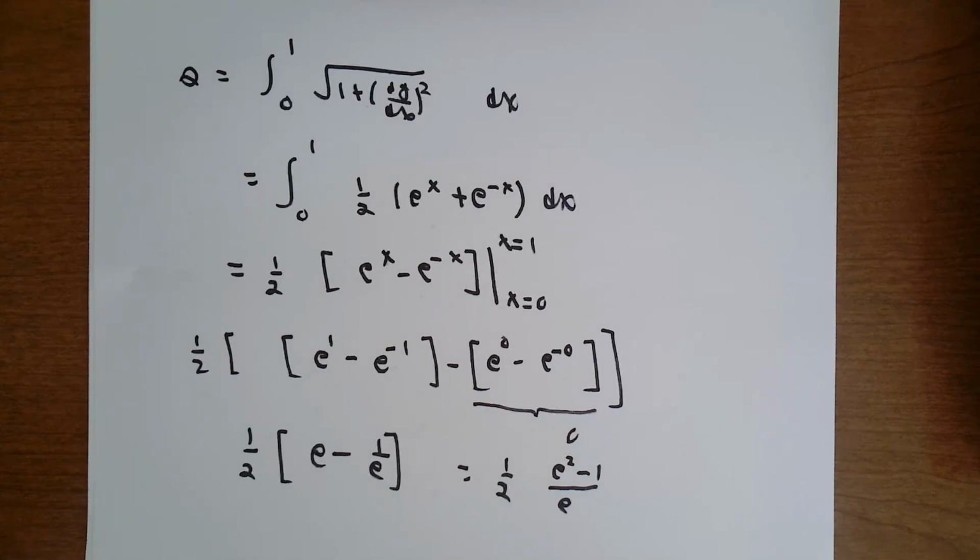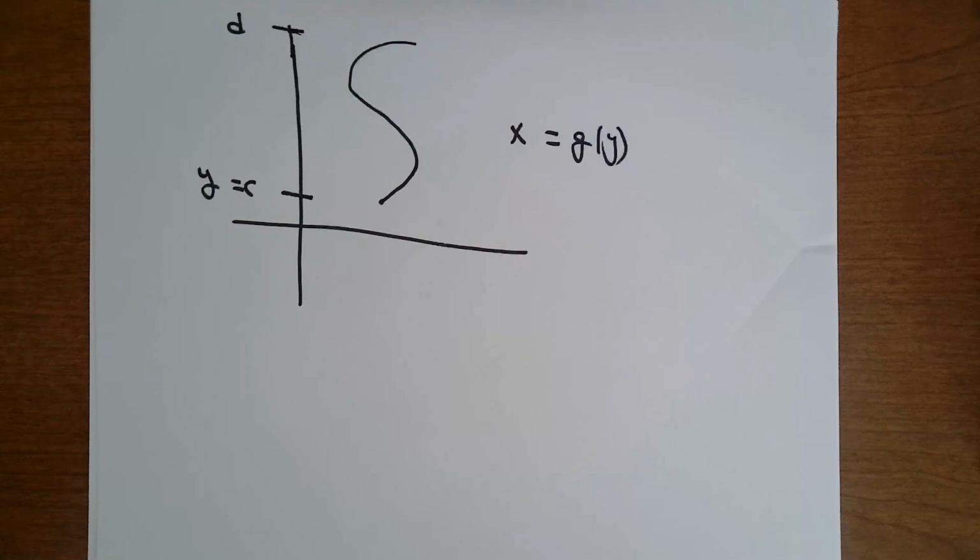If you thought it looked nicer, you could write that as a single fraction, but these two quantities are the same. Not to make this longer than it needs to be, you can also have situations where the independent variable is y and the dependent one is x. Instead of saying x goes from A to B, to keep the distinction straight, I'll use the next two letters in the alphabet.